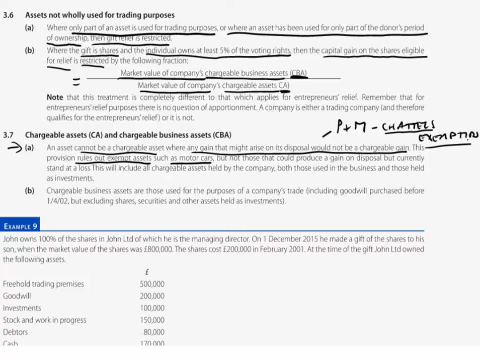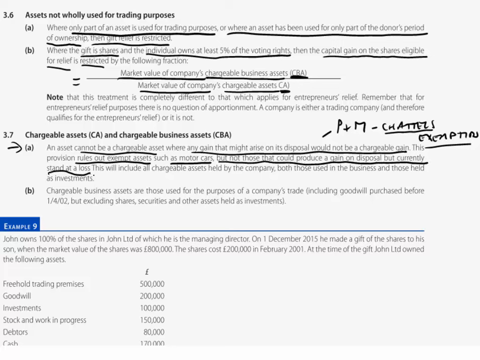So again, such plant and machinery would not be a chargeable asset because, like cars, it would be covered by an exemption from CGT. But your other plant and machinery would represent a chargeable asset. So it says here that we've excluded those exempt assets, but not those that could produce a gain on disposal but currently stand at a loss.